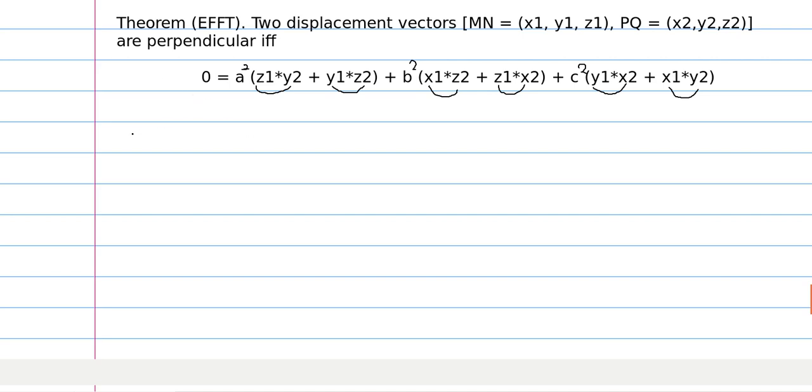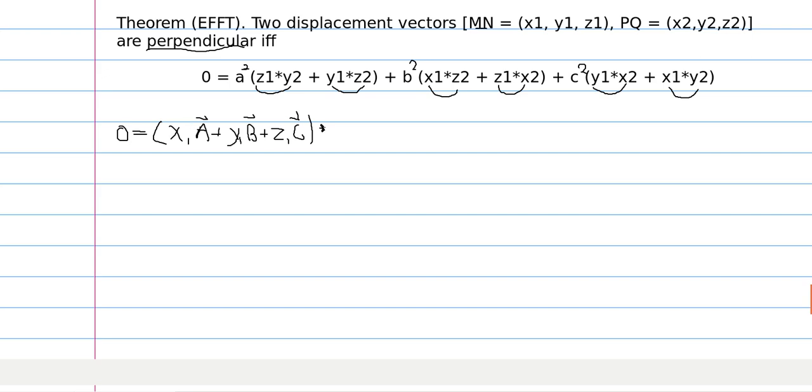And also from part 0, we knew that if we have two vectors that are perpendicular, then their dot product is 0. So what I'm saying is that if we have x1 A vector plus y1 B vector plus z1 C vector dotted with, so this is representing MN, this is what MN is.